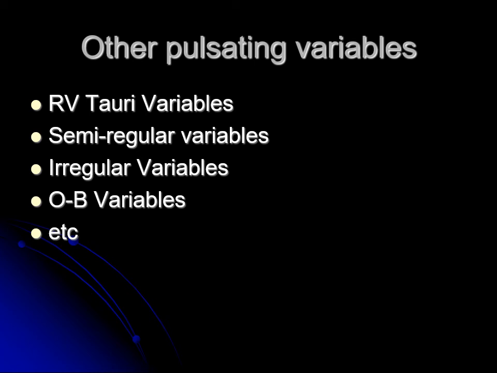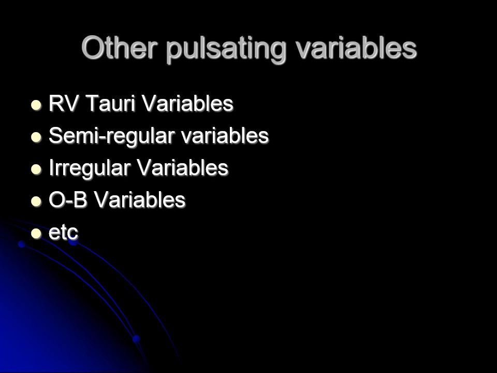Betelgeuse is like between a semi-regular and regular variable. And some of y'all that were watching the news early part of the year might have seen where Betelgeuse was getting unusually dim, and people were thinking something big is going on with it. But a lot of variable star astronomers, myself included, were saying, well, let's wait a little bit and see what happens, because it is a semi-regular variable.